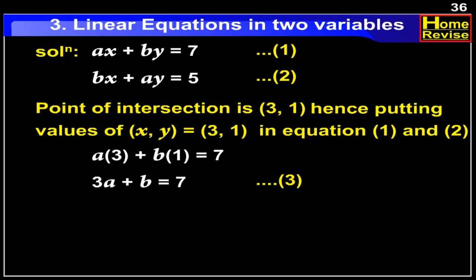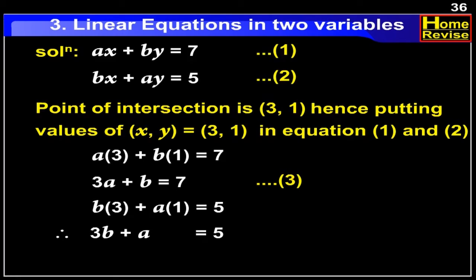Now, for equation 2, we have b into 3 plus a into 1 is equal to 5. Therefore, 3b plus a is equal to 5. That is, a plus 3b is equal to 5. Let this be equation number 4.